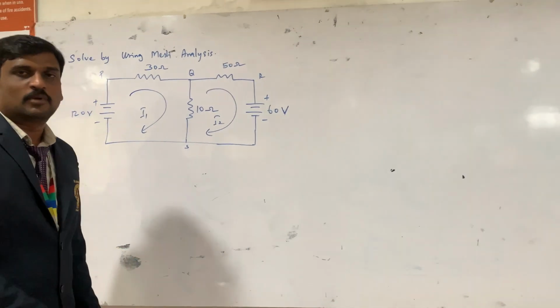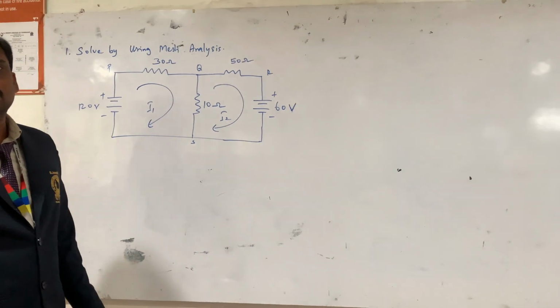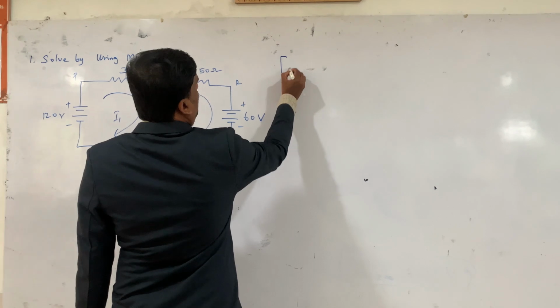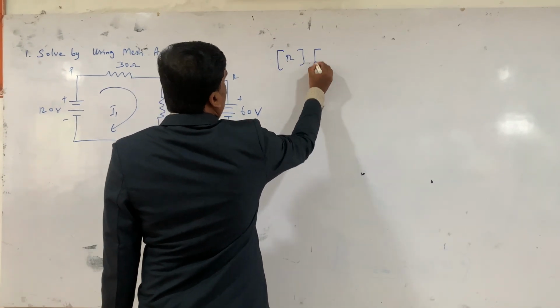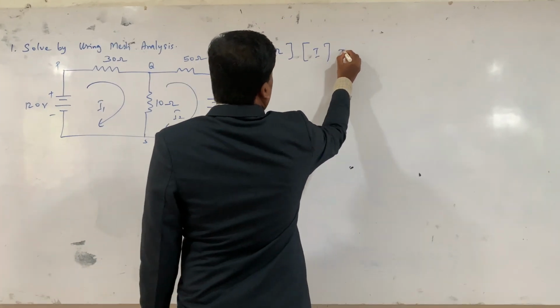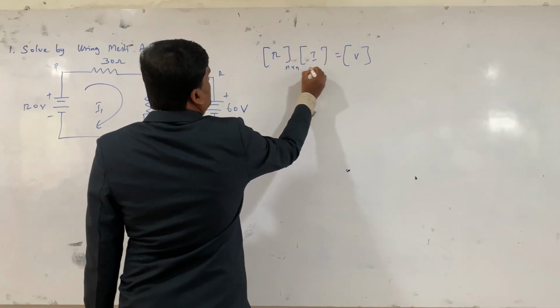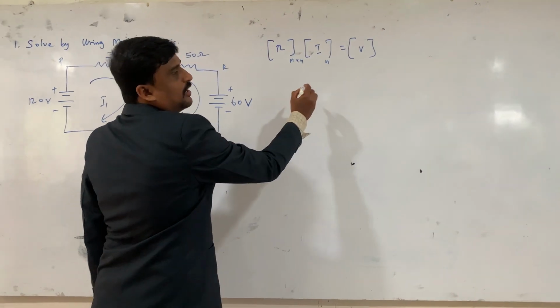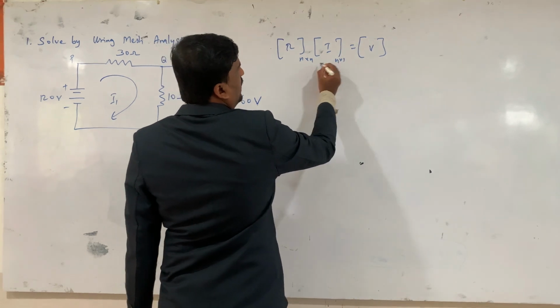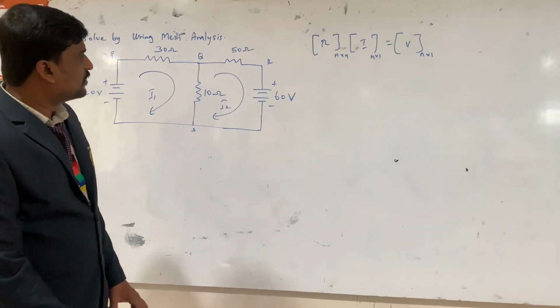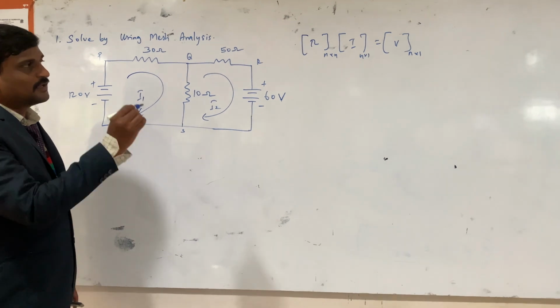Again the same problem. Now we will solve this problem by using the inspection method. Here it is R into I is equal to V. Here N cross M is the size of the matrix for R, N cross 1 is the size of the matrix for I, and N cross 1 is the size of the matrix for V. So we have to find the size of the matrix.